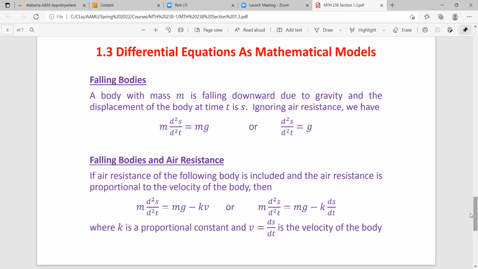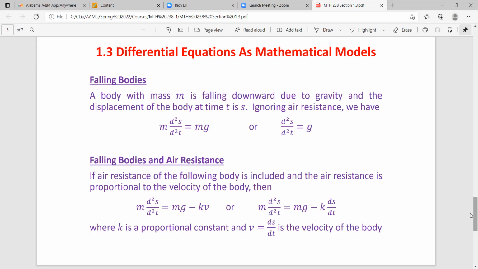So the faster this body goes down, the more resistance it gets from the air. So let's consider falling bodies and air resistance.